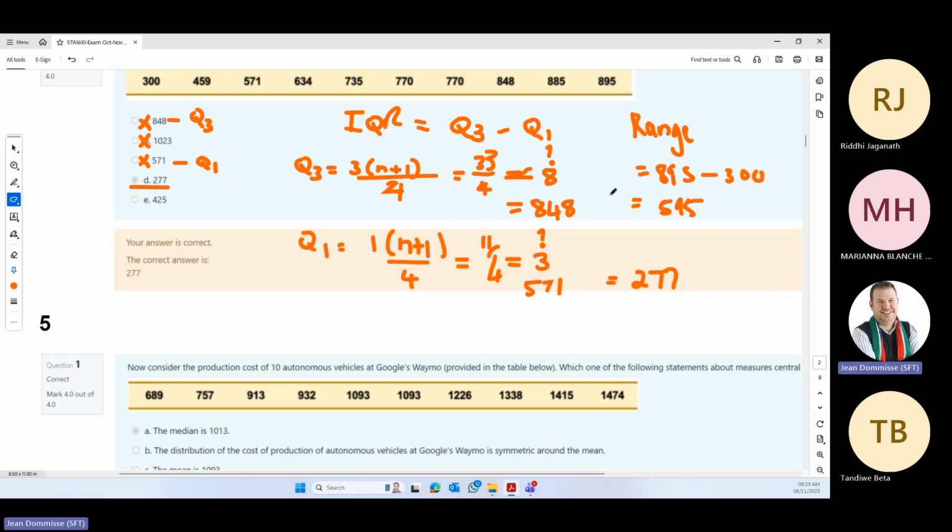So all that we needed to do was work out your interquartile range, Q3 minus Q1, and that is how we got it.